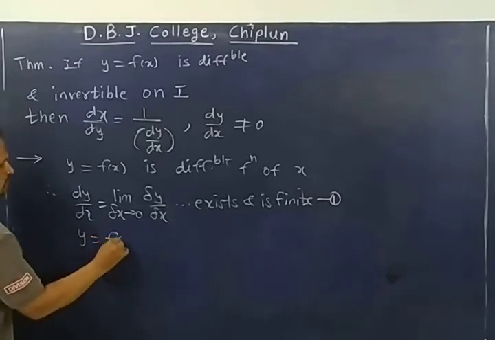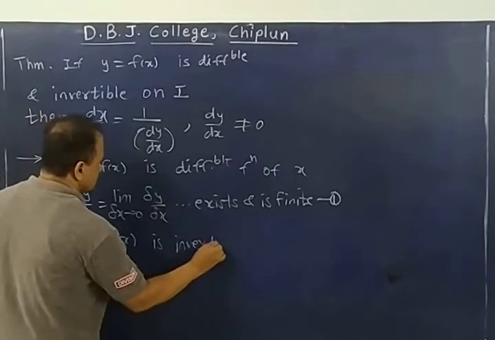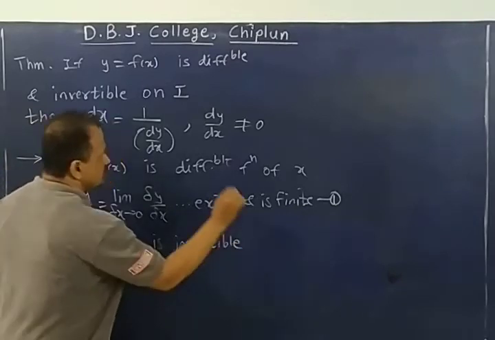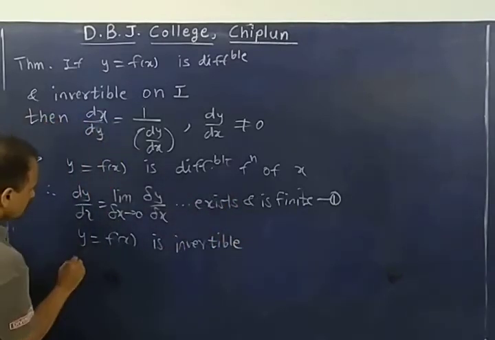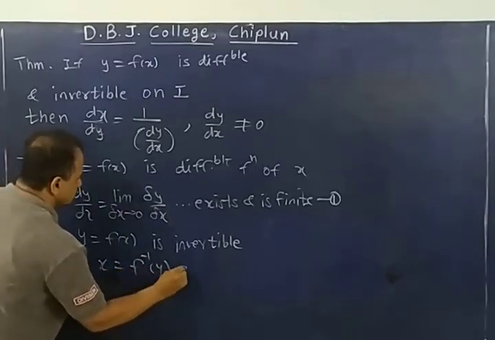y equal to f(x) is invertible. Therefore, x is equal to f inverse y exists.